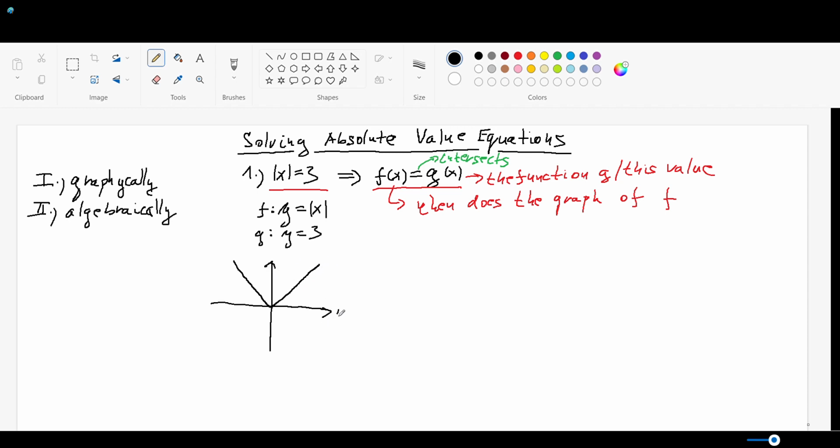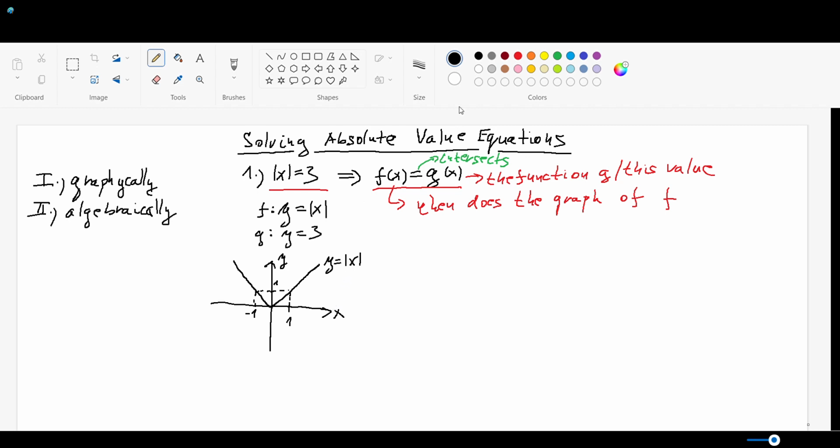When you solve an equation graphically, the most important thing is to draw the graphs very precisely, so you should use a ruler and a sharp pencil. Let me sketch a couple of points here so that we can really see. And this is our function y equals absolute value of x.